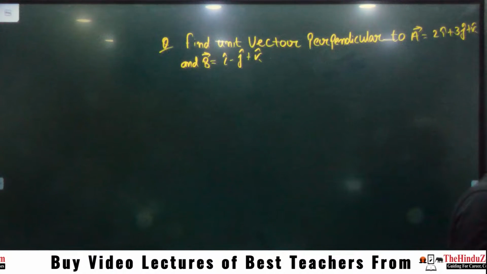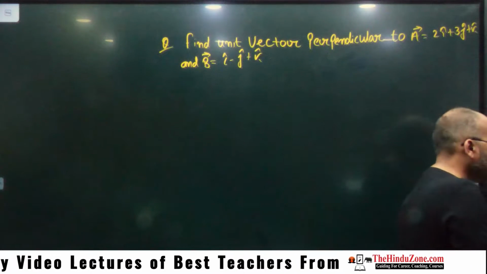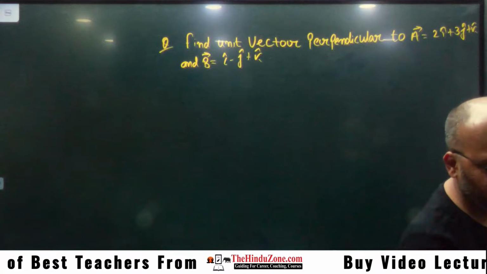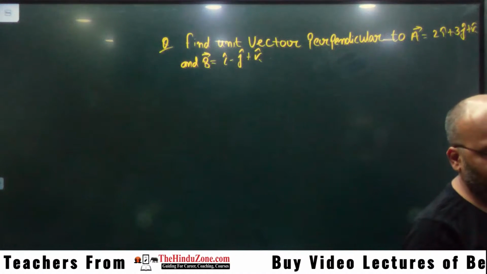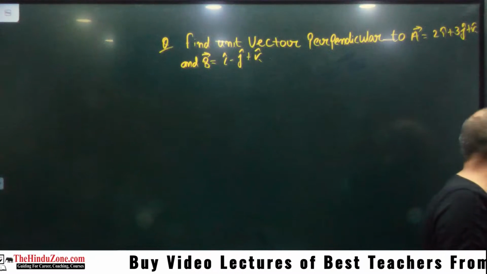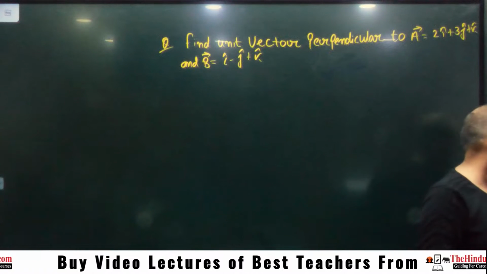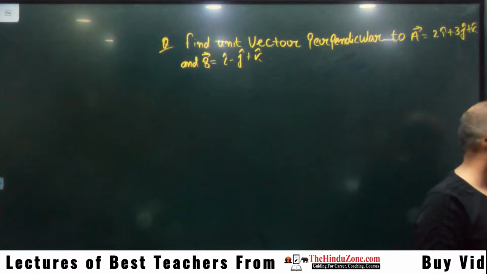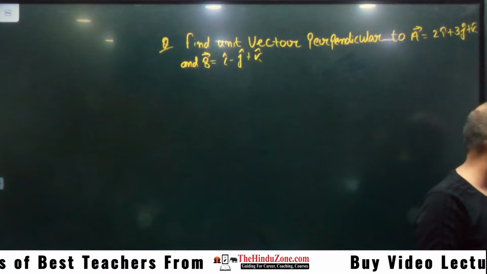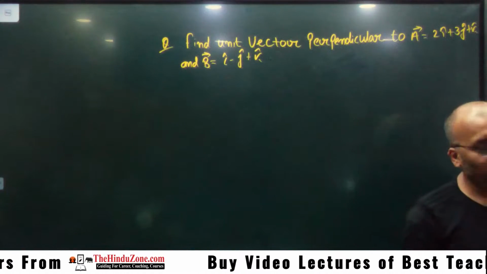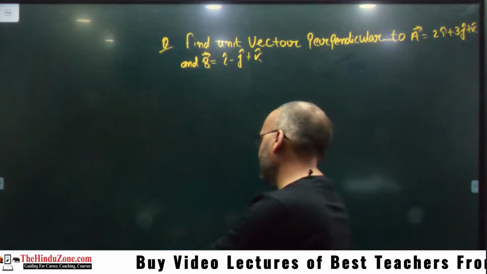And your answer is wrong. Sheetal: minus I cap plus J cap plus K cap upon root 3. Your answer is also wrong. Reshma, correct. Sir: 4I cap minus J cap minus 5K cap divided by root 42. Absolutely good. Good Reshma.